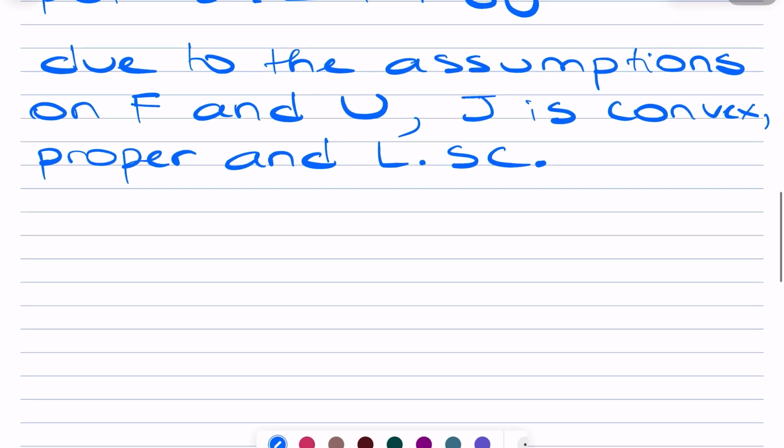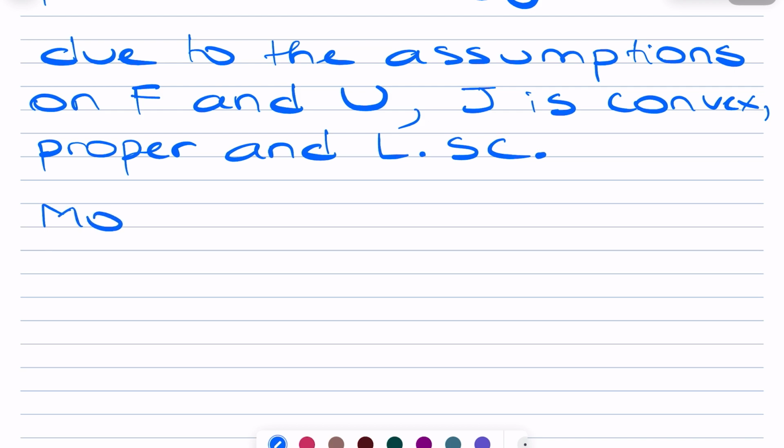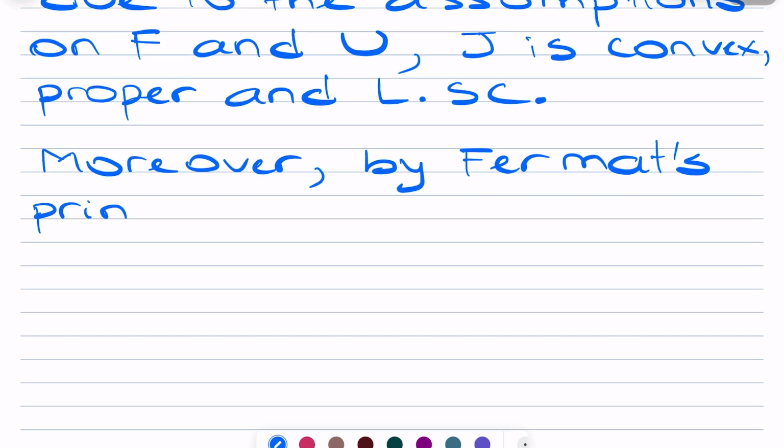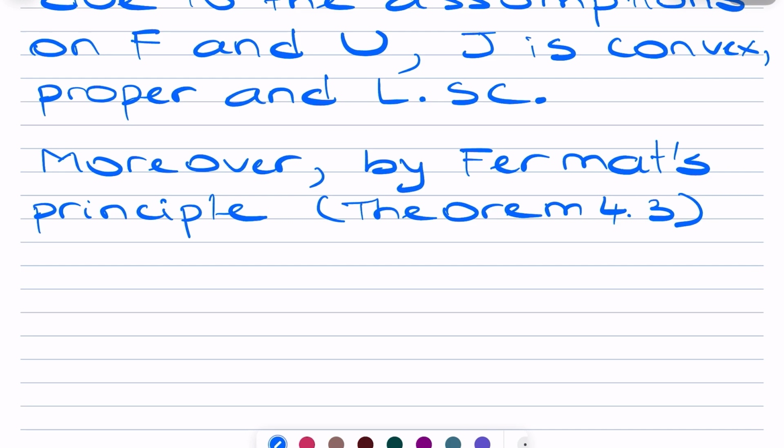So moreover, by the Fermat principle, and this was actually Theorem 4.3. Anyway, I have a lecture only on the Fermat principle that I strongly invite you to have a look at.